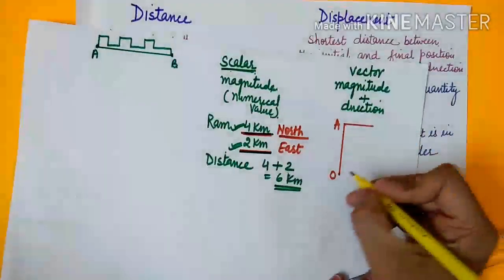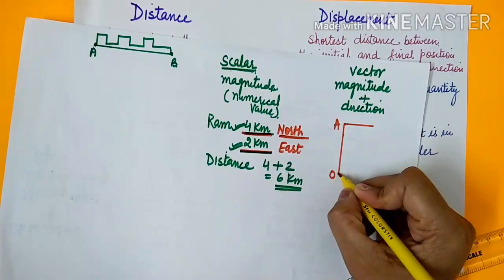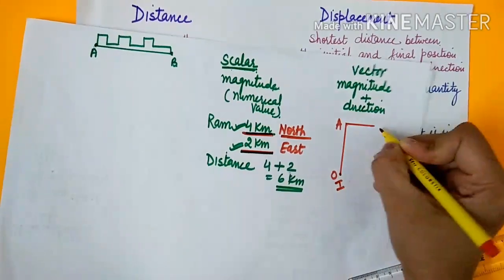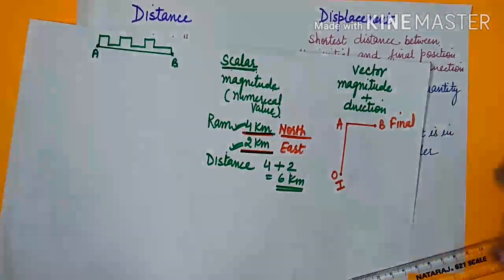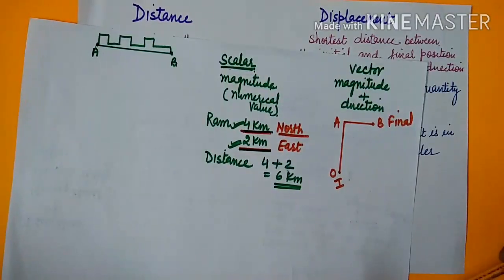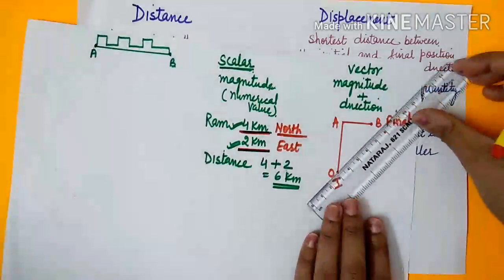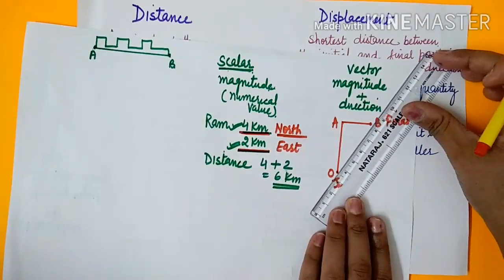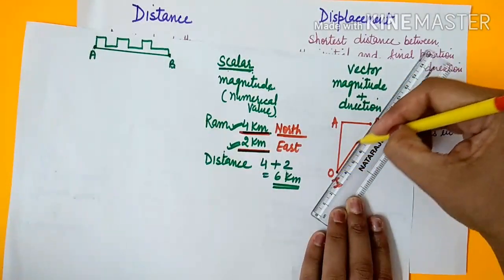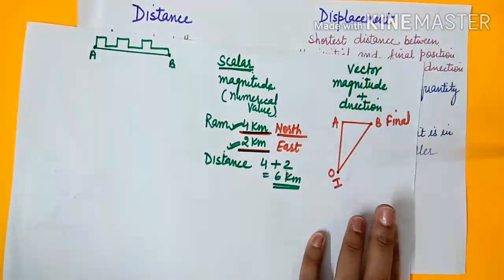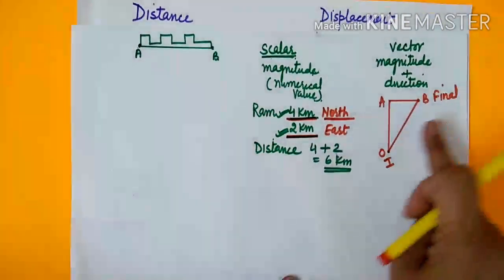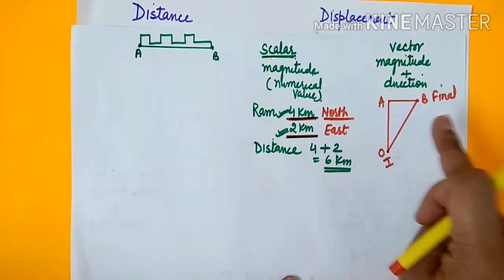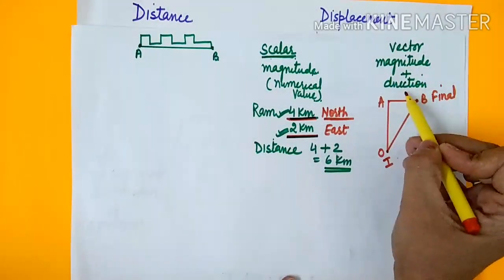So now you have got this initial point and this final point. Clear? So for calculating displacement, you just need to draw a straight line between initial and final point, by which you can calculate the displacement. So now you can understand that for displacement calculation, you need both magnitude and direction.